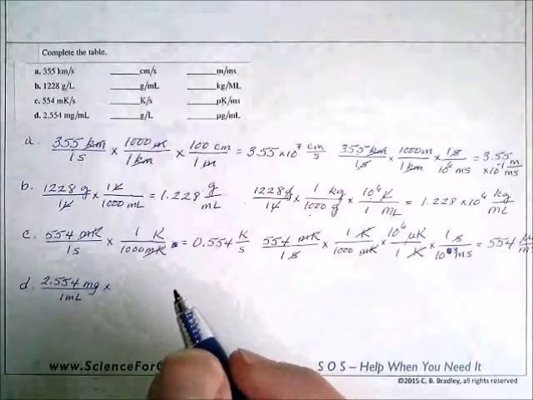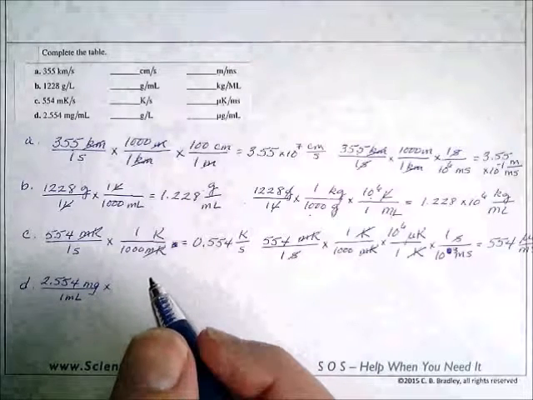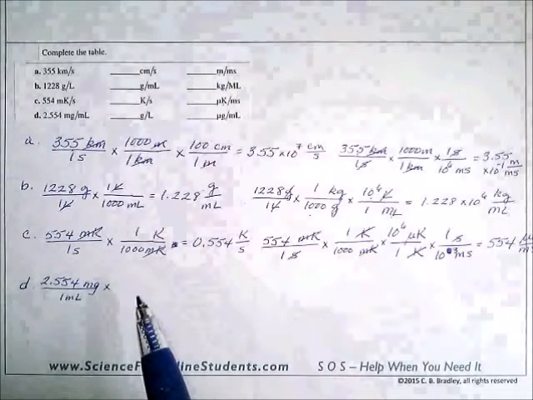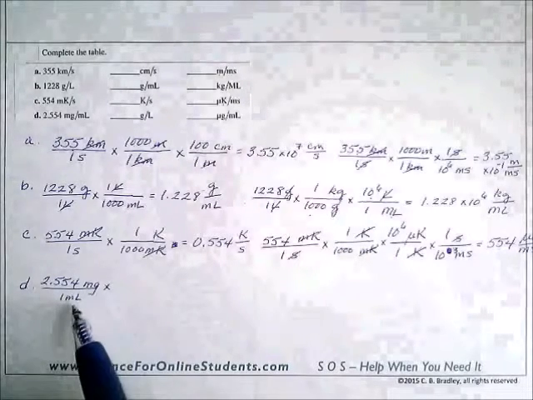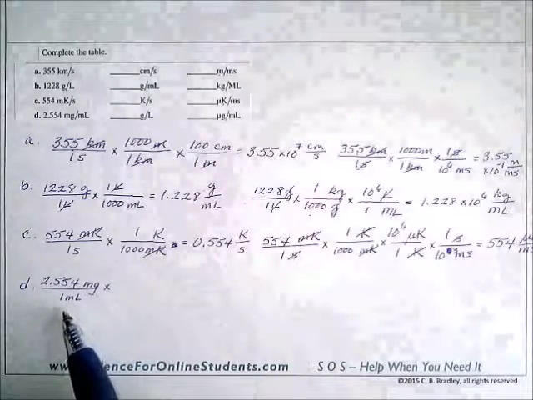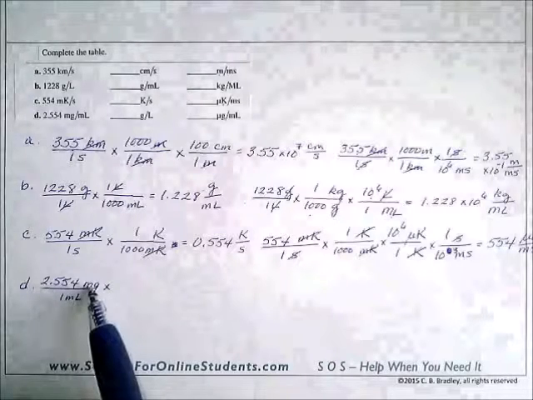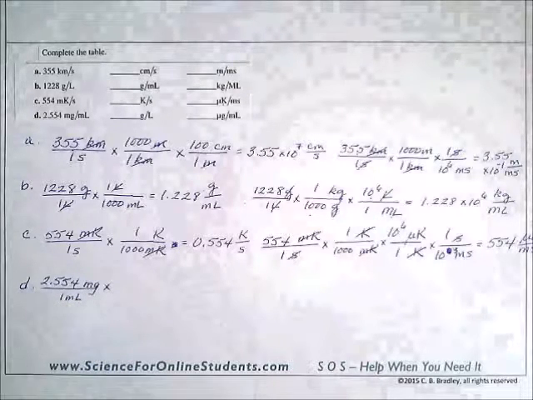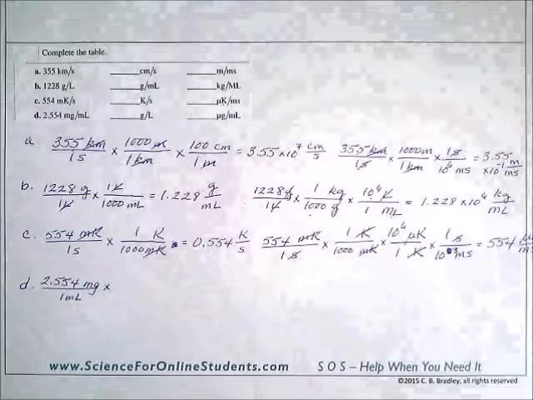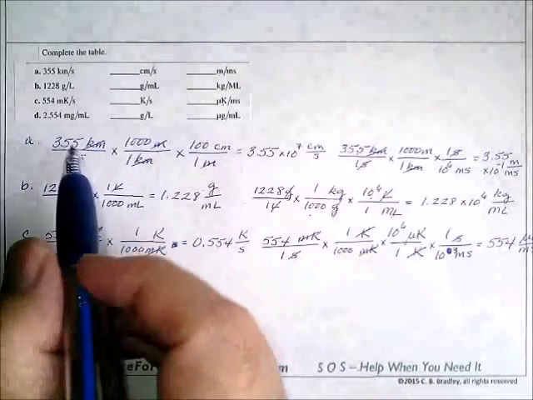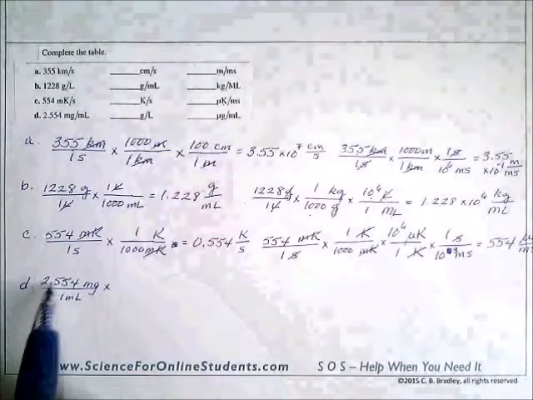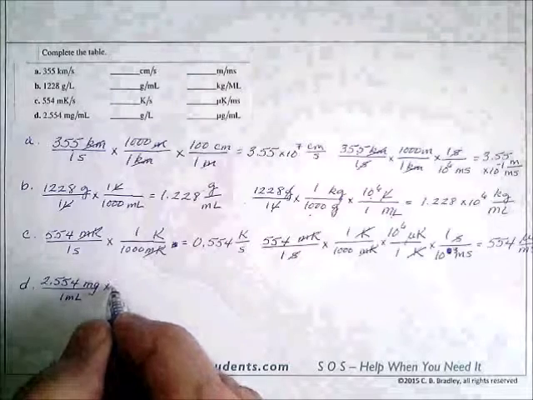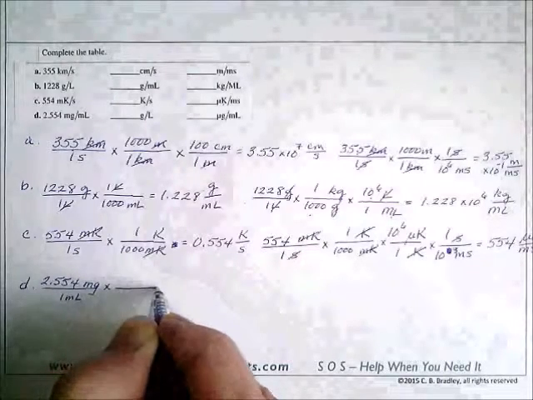One of the things that you'll come to recognize, if you don't already, is if you have milli over milli, that's the same as grams over liters. Or if you have micro over micro, or mega over mega, then the prefixes cancel out and you're left with the base units. So we're going from milligrams per milliliter to grams per liter. This number won't change, but let's go through the steps.